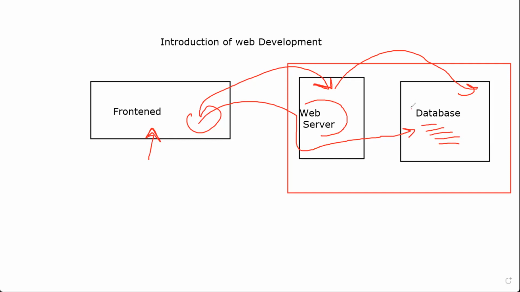When it gets the information here, suppose it gets the information here, now it takes that information to me here again. So basically this is a cycle. Hope you have understood this. So the browser is our front end. It goes to the web server, which goes to the data.